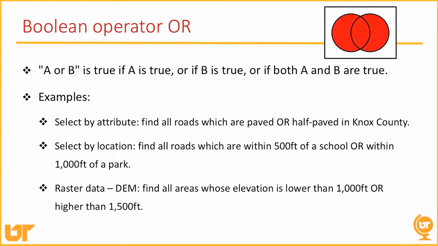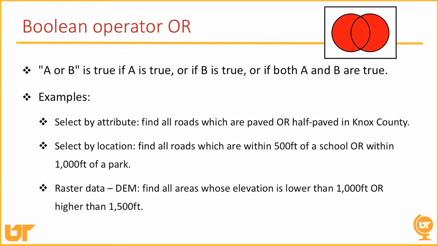The Boolean operator OR. For the Boolean operator OR, the statement A or B is true if either A is true or B is true, or both of them, both A and B, are true. The operator OR broadens the search to include records or features which satisfy either condition or both.